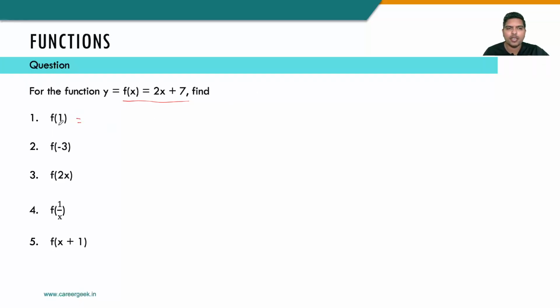Instead of x, you have to replace x by 1. So, f of 1 will be equal to 2 multiplied by 1 plus 7, right? This is equal to 2 plus 7 or 9.